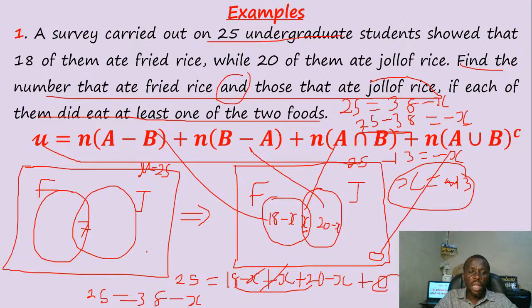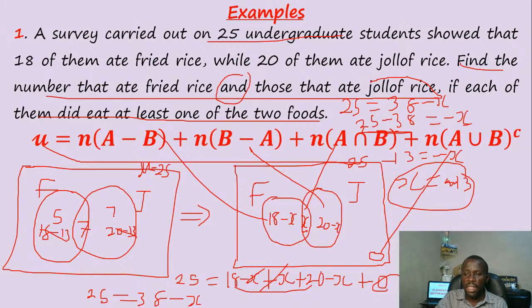So that 13 is what I will now put. That will be 18 minus 13, and then 20 minus 13. 18 minus 13 will definitely give me 5, and 20 minus 13 will give me 7. So I'm going to have 5, 13, 7 here.